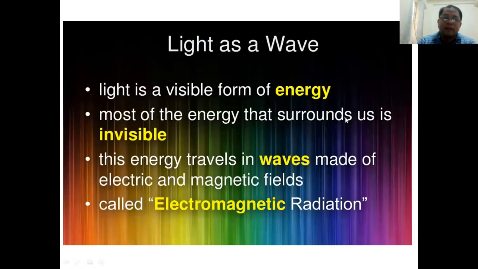So light is considered both a wave and, at some point, a particle. They say light has a dual nature, a dual characteristic. It behaves like a wave. It undergoes reflection, refraction, all these characteristics of a wave, and at the same time we can think of them as something like an atom.